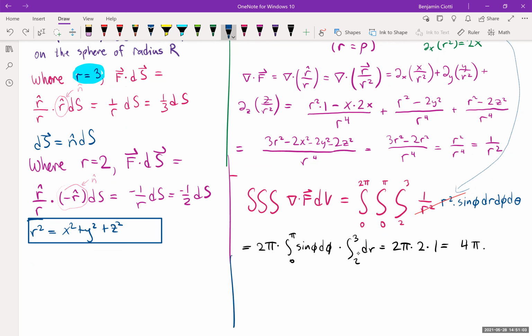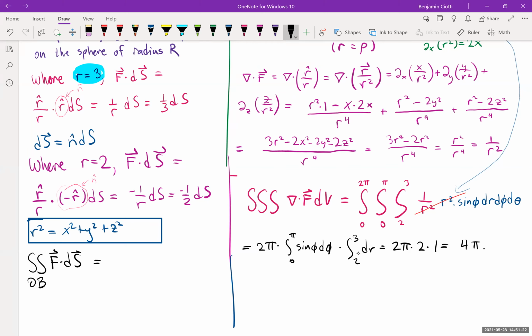So for the surface integral part, let's see. F dot dS on the boundary. Here's maybe the trickiest part.